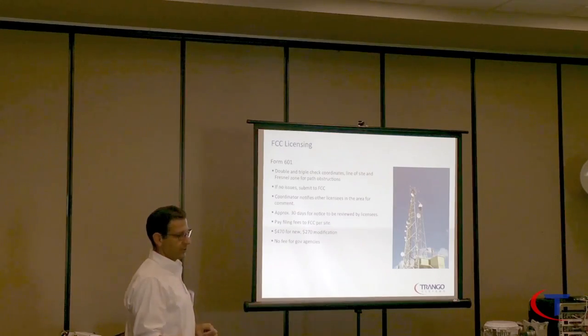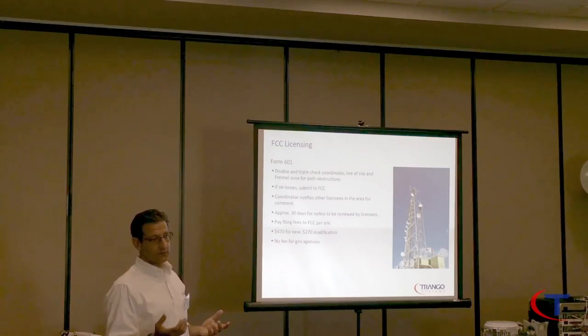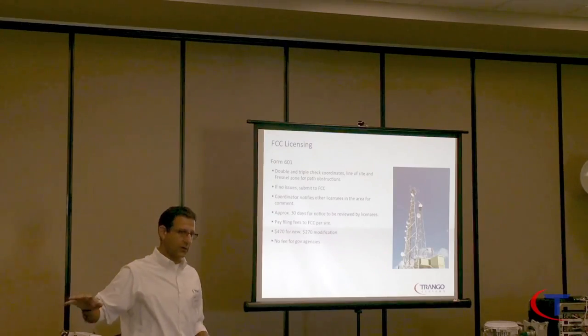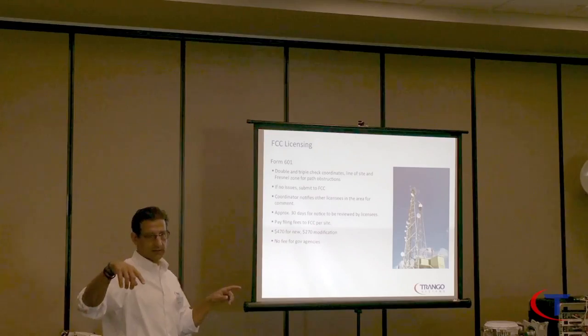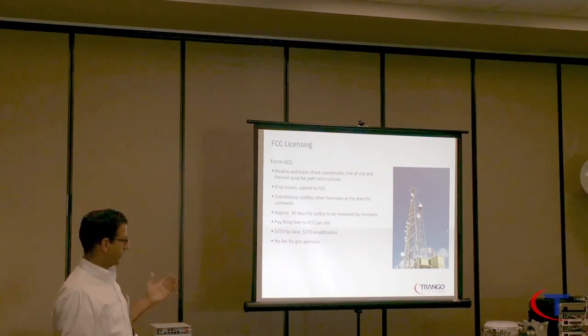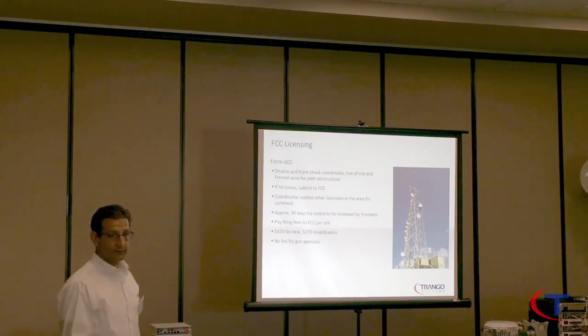After the client approval notice is approved, then it goes into PCN. And the PCN is the same document, but now it's sent out to every license holder that's within a 150-mile radius of either of your endpoints. This allows them the chance to compare it with their links and determine if there will be any interference issues.